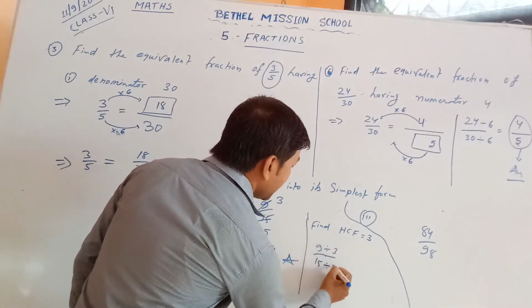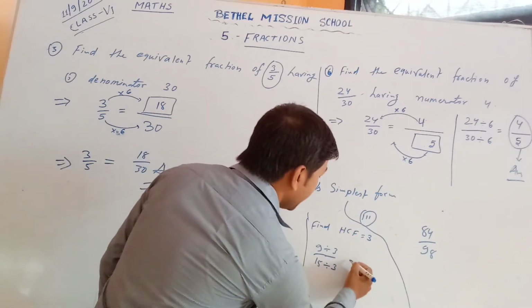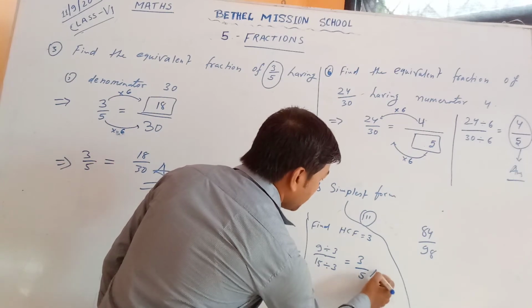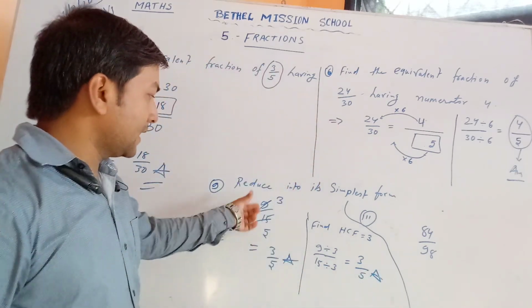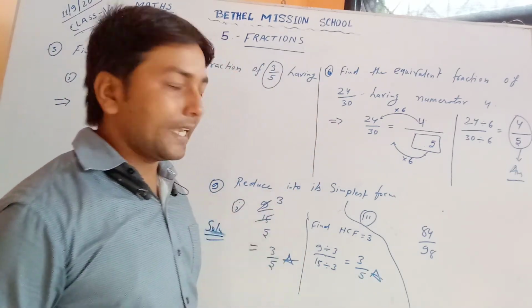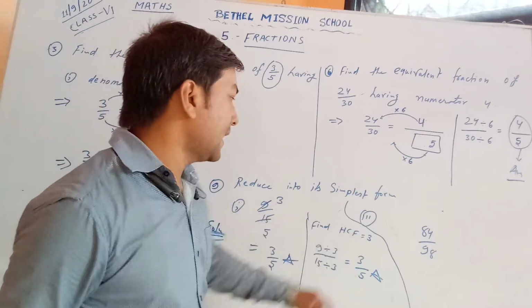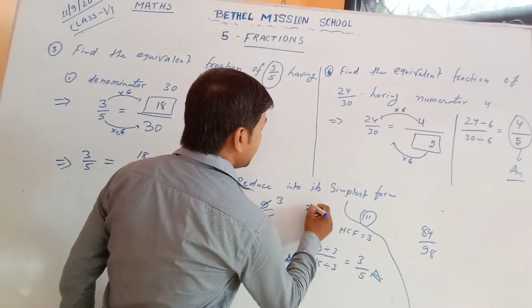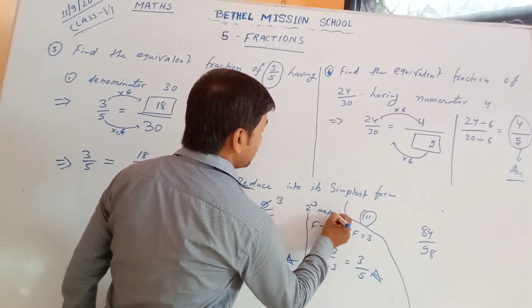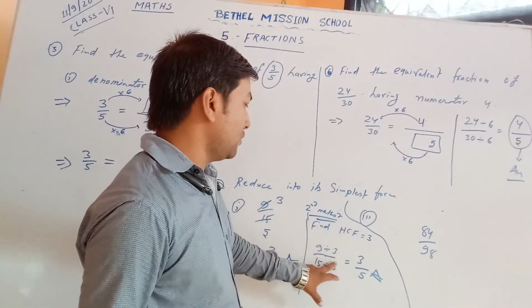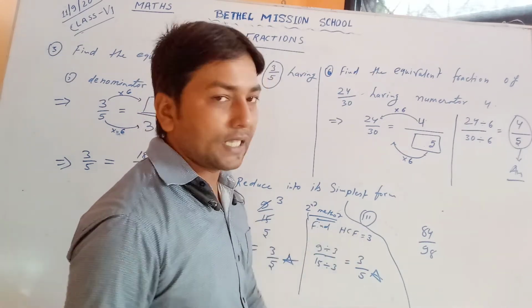You will get here 3, this is 5. The first method you can cut directly, or you have to find the HCF. That is the second method. Find the HCF, and divide the numbers by the HCF, you will get the answer.